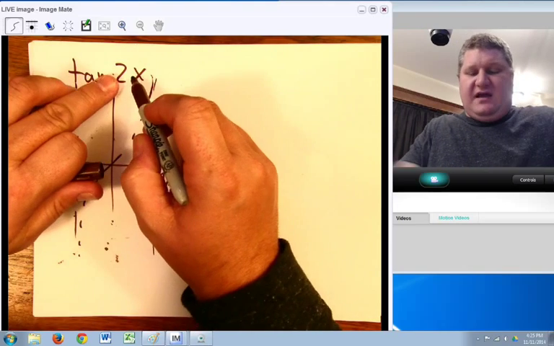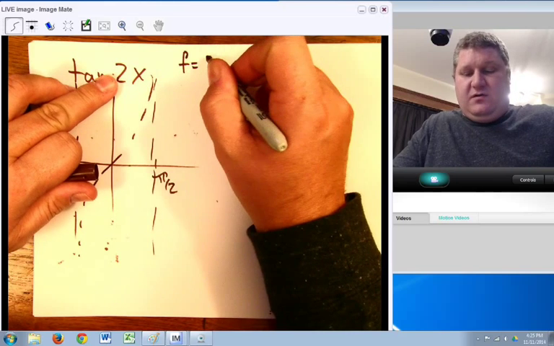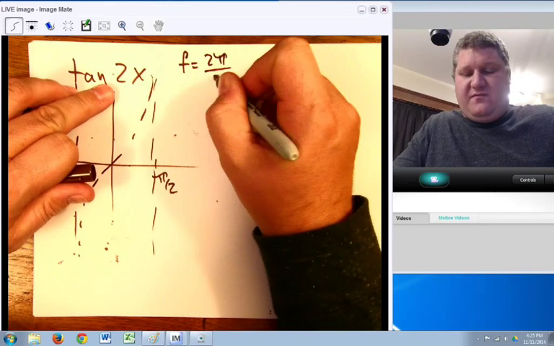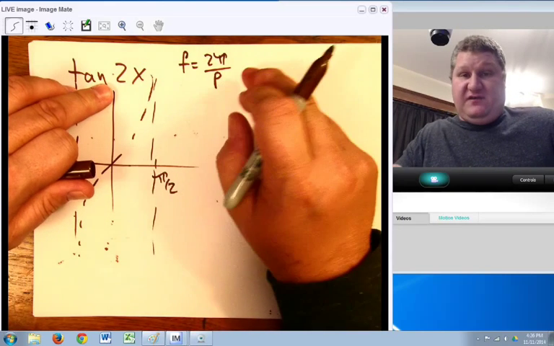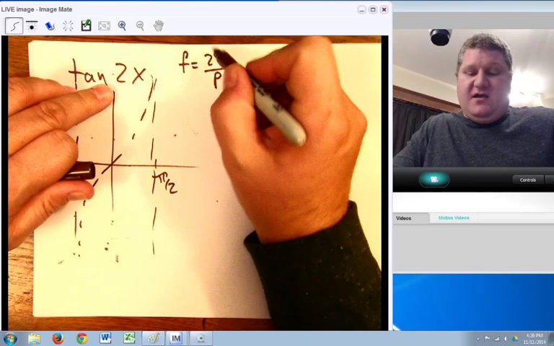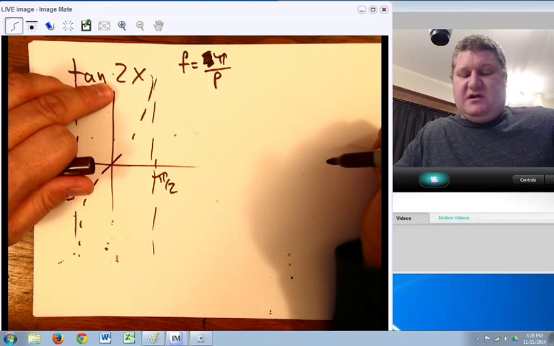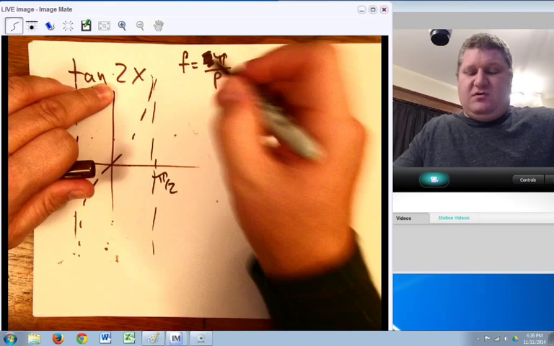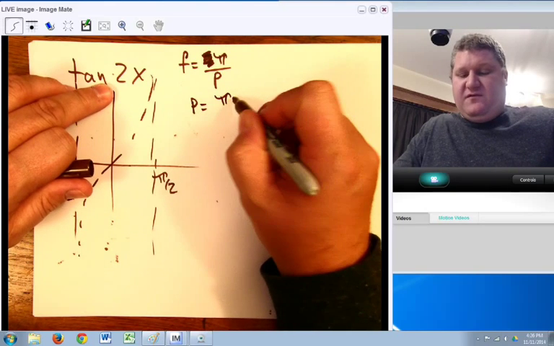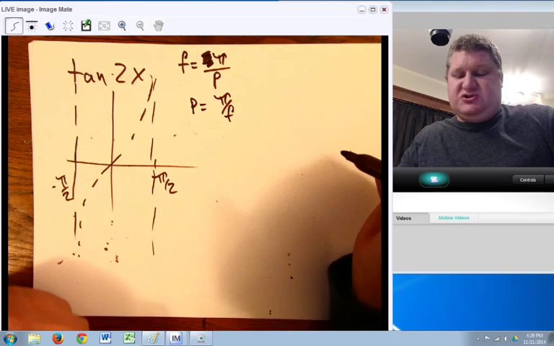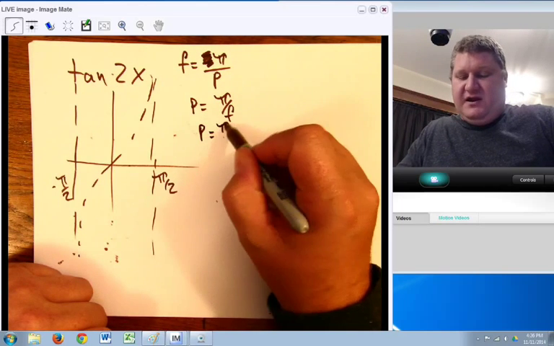Tan of 2x, well, if I have frequency equals 2 pi over period, that works for sine and cosine because the period of sine and cosine is 2 pi. But for tangent cotangent, the period is pi, so it's frequency equals pi over period, or therefore period equals pi over frequency in the same relationship. So in this case, the frequency is 2, so period equals pi divided by 2.